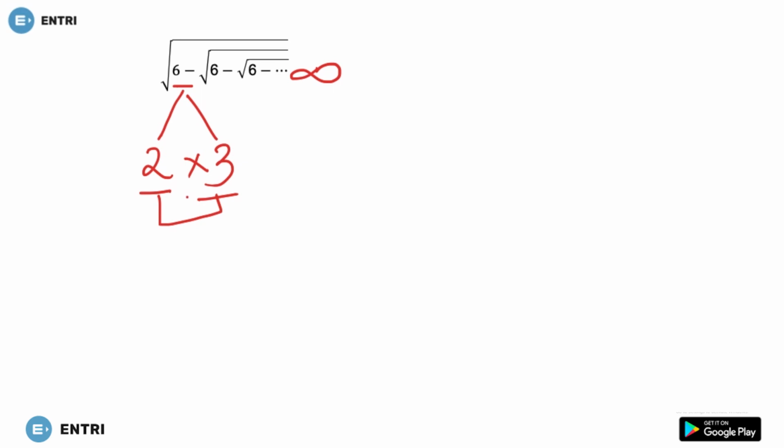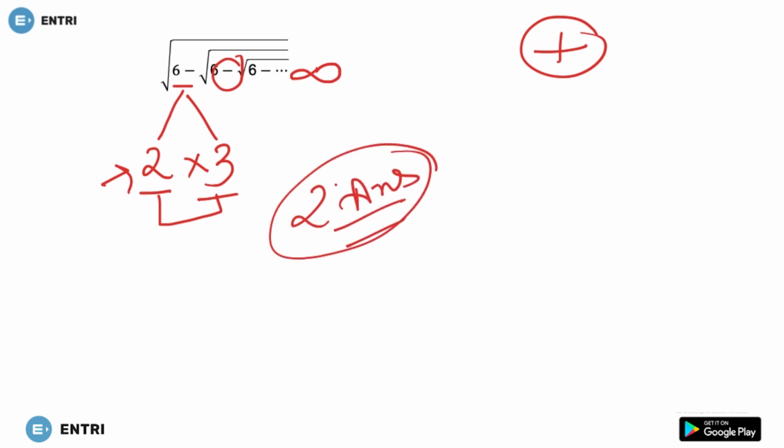But last time we discussed that in the positive approach, the value which is greater is ticked, and in this approach, since it's negative, we are going to take the lower one. So what's the answer here? The answer is 2. See, you can solve these type of questions within seconds.